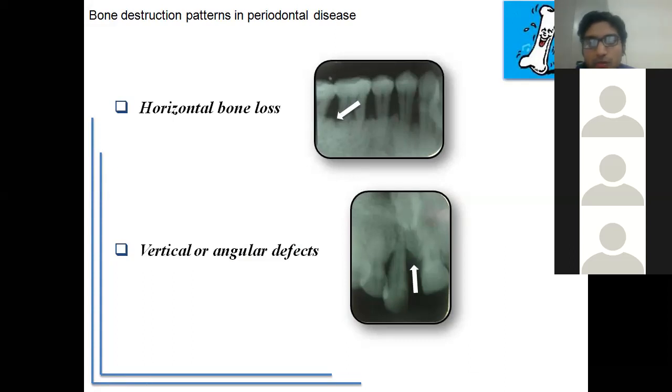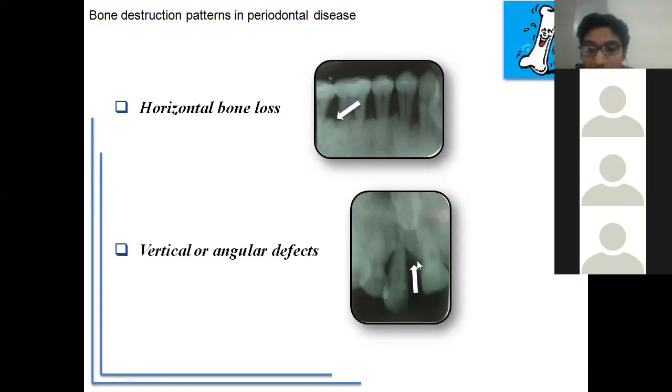Which type of bone loss will have better prognosis, horizontal or angular? Horizontal bone loss will not have good prognosis. Vertical or angular defects will have better prognosis as compared to horizontal bone loss. Why?